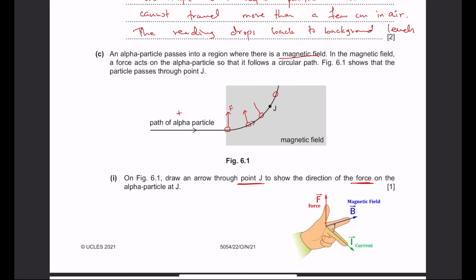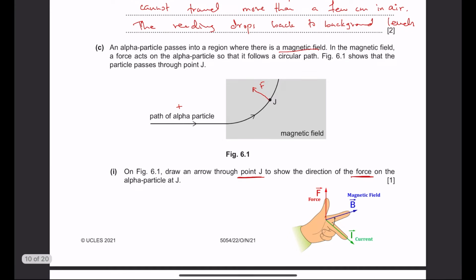When it's here, the force will be somewhat like this. And for our answer, try to draw an arrow which is at 90 degrees to the path of the particle. So this is what happens to the force. It always stays at 90 degrees to the path of the particle. So this is how we will draw the arrow of the force. Always 90 degrees to the path.